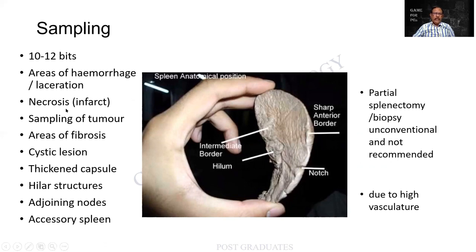Whenever there are areas of hemorrhage and laceration, they should be sampled. Fibrosis, cystic lesions, thickening of the capsule, any other structures such as the adjoining nodes or sometimes an accessory spleen. So keep this list in mind, because the common question will be, where will you take the bits from?